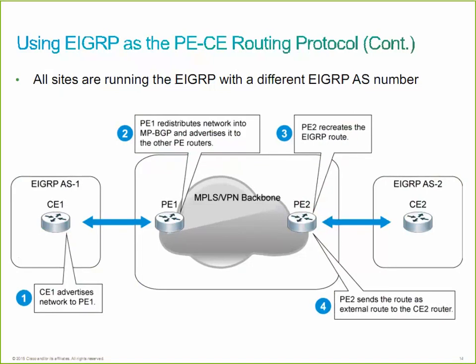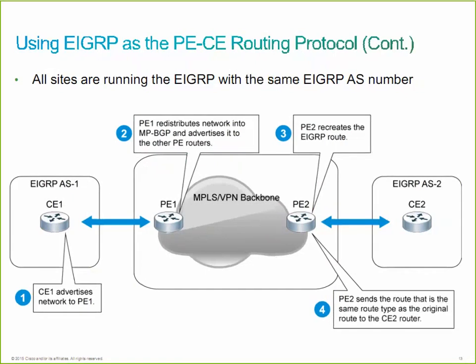Now, if I'm using EIGRP as the PE to CE routing protocol, kind of the same thing occurs, right? It looks very similar to what we saw on the previous slide. We've got this step 1, step 2, step 3, step 4. We went through those different steps.